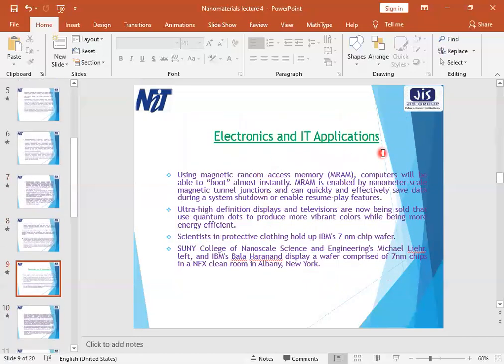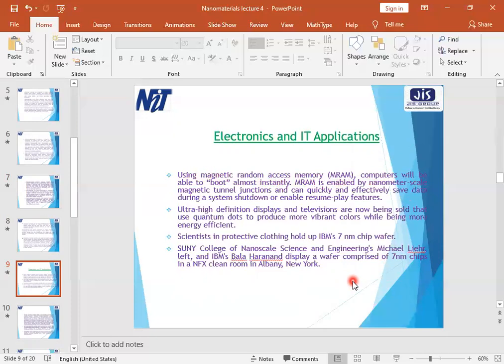Electronics and IT applications, information technology applications. Using magnetic random access memory, MRAM, computers will be able to boot almost instantly. Nowadays, if we want to boot our computer, we have to give it time.